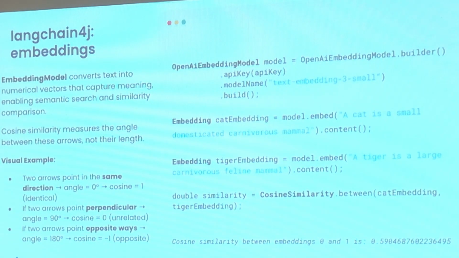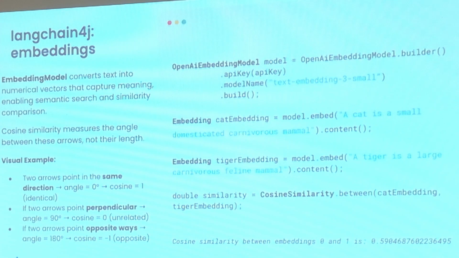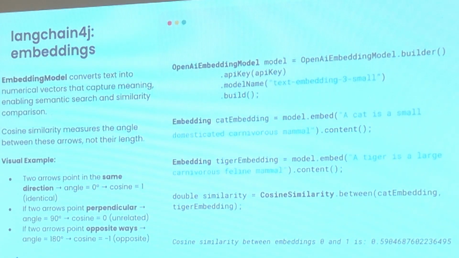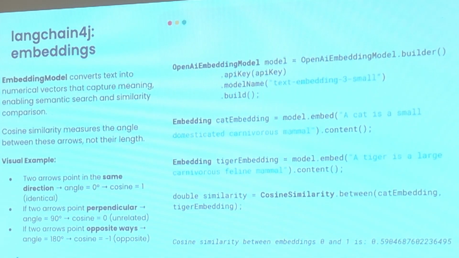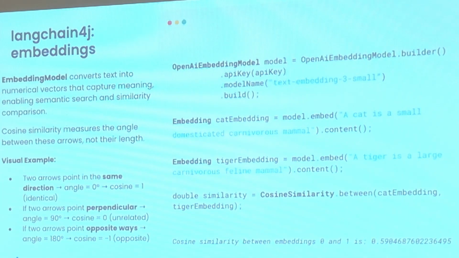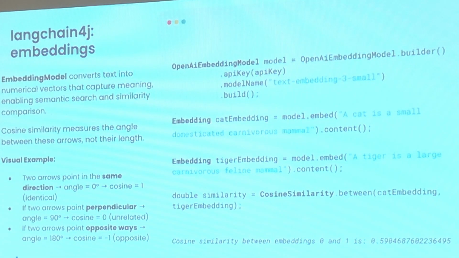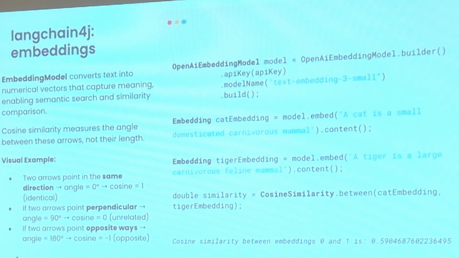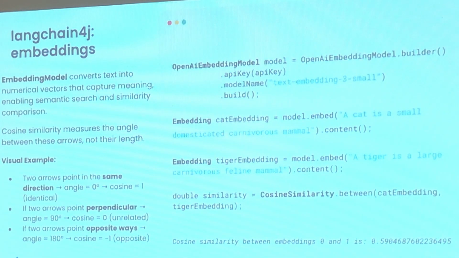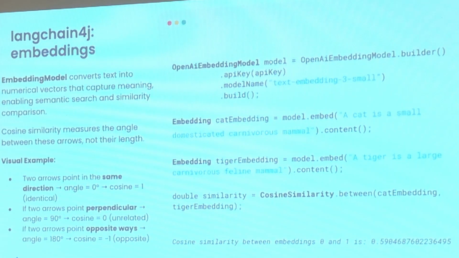There is also the term cosine similarity that can help us compare two vectors with each other. Cosine similarity measures the angle between the vectors, not the length. If the vectors point in the same direction, the angle is 0, the cosine similarity will be 1, which means they are identical.